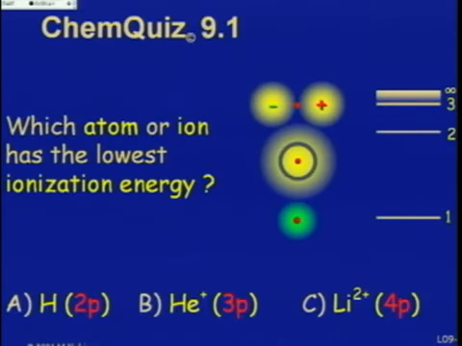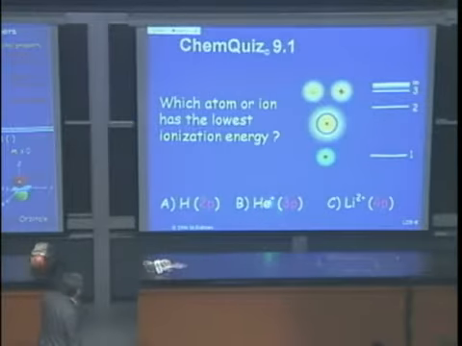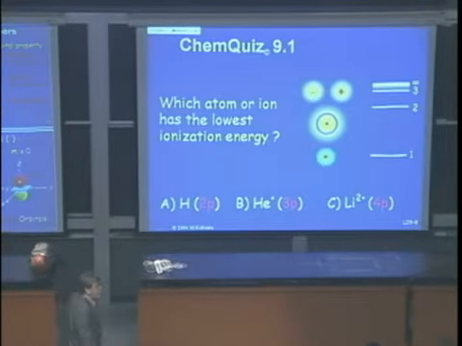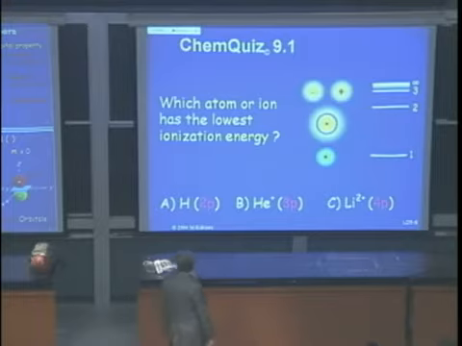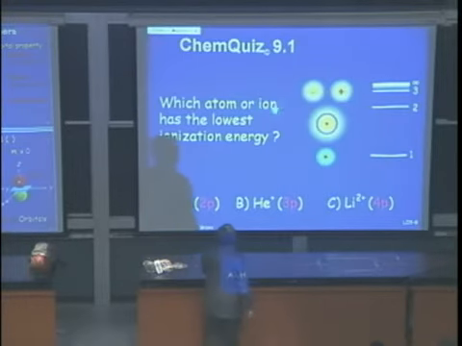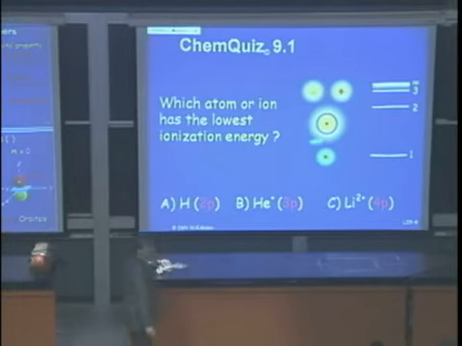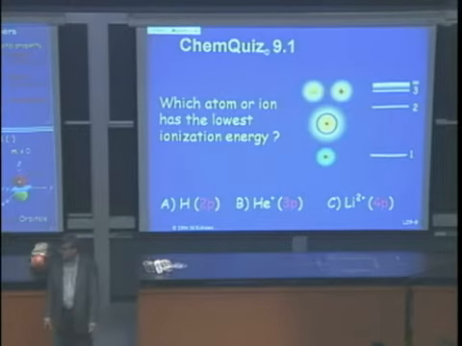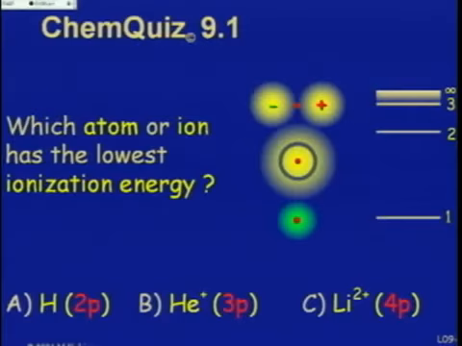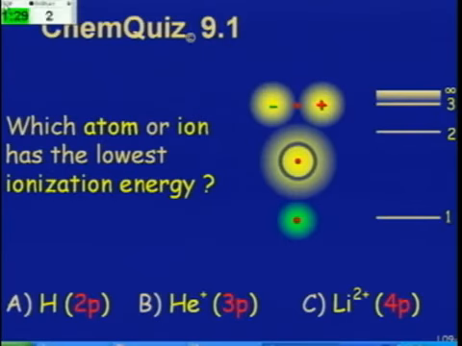The hydrogen is in the 2p, the helium is in the 3p, that electron, and this is in the 4p orbital. I'm asking you now, which atom or ion has the lowest ionization energy? The lowest ionization energy, okay? So why don't you think about it and give me your answer. Don't fall in the trap, okay?